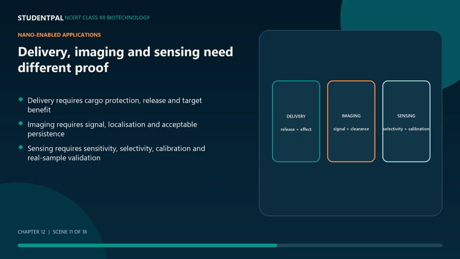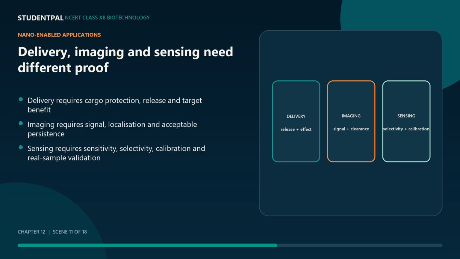For biosensing, sensitivity describes how the signal changes with concentration, while selectivity asks whether similar molecules interfere. Calibration, blanks, positive controls and validation in real samples are essential. A low detection limit in buffer does not prove clinical usefulness in blood or environmental usefulness in turbid water.